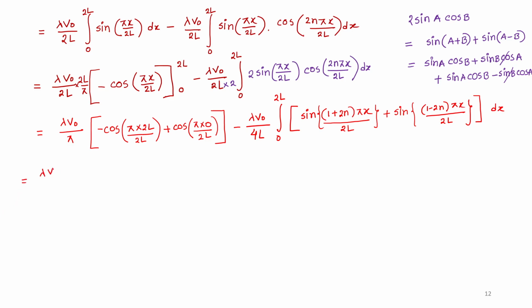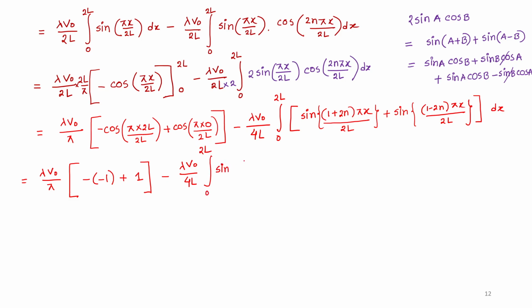So this is lambda v0 by pi. The 2L will cut, so it will be minus cos pi, which is nothing but plus minus of minus 1, right? And cos 0 is obviously 1, so it is going to give you 2, and lambda v0 by 4L. Now we can actually solve it. So first term will be 0 to 2L.